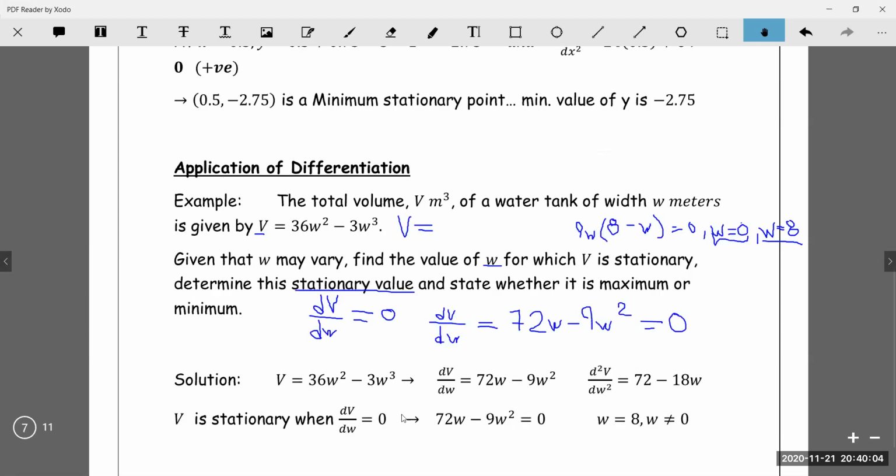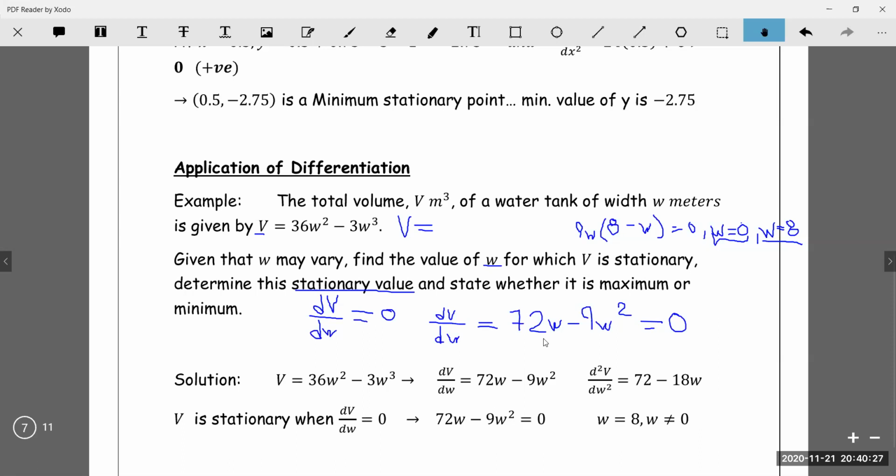All right. Now the next part says state whether it is maximum or minimum. How do we find if it's maximum or minimum? We'll differentiate dV over dW. Very good.